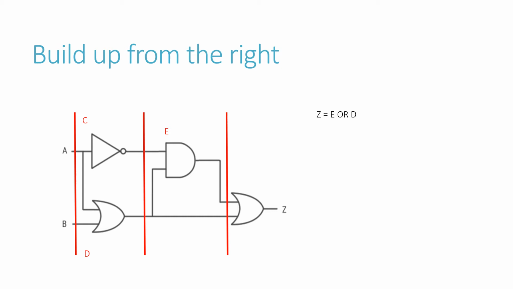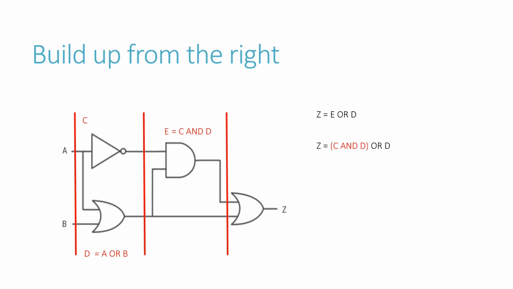Now I'm going to substitute E, D and C for their equivalent. E is C and D. D is A or B. So everywhere I see D, I'm going to put A or B. And incidentally, I'm going to put it in brackets because OR is low down on the level of precedence.